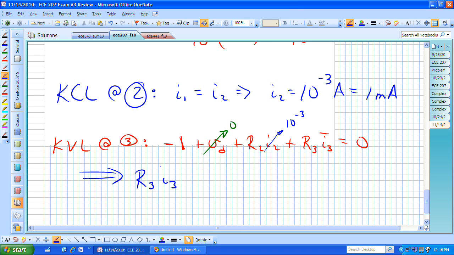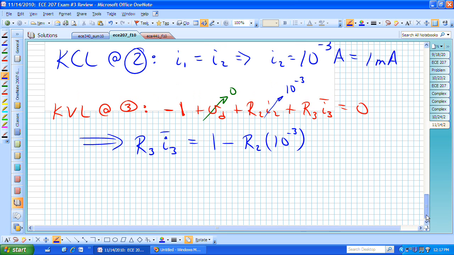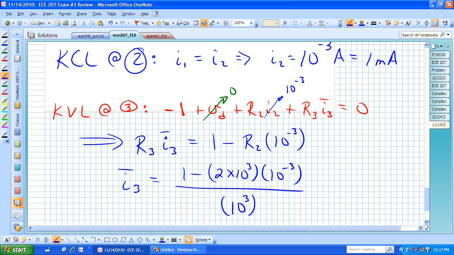Or R sub 3 I sub 3 bar is now equal to 1 minus R sub 2 times 10 to the minus 3. Let's divide by R sub 3, and we now have 1 minus R sub 2, which is 2,000, and R sub 3 is 1,000.